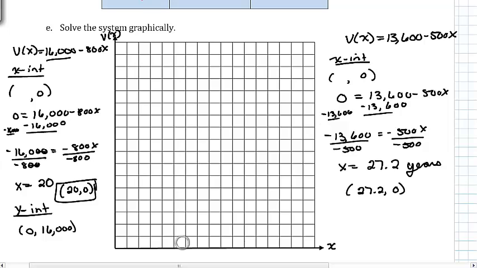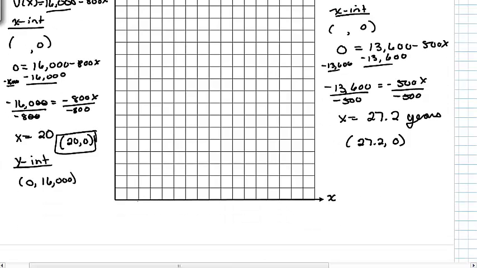So I need to go up to 30 on my x-axis, and I have 1, 2, 3, 4, 5, 6, 7, 8, 11, 12, 13, 14, 15. All right, so I'm going to use 2 units for each. So that'd be 4, 8, 12, 16, 20, 24, 28, and 32.